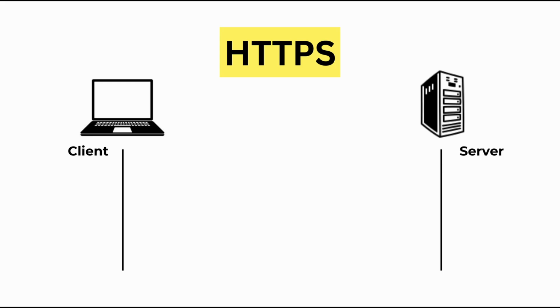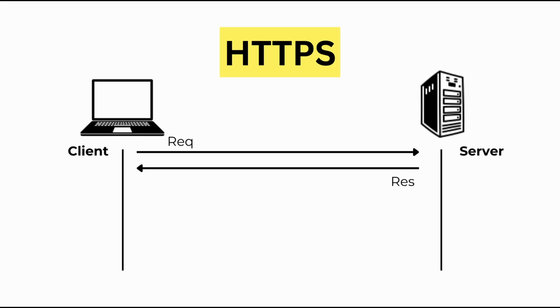Whenever a request is sent, the server processes that request and gives back the response. Once this entire process is done, sending the request and getting the response back from the server, the connection between your client and server is ended.